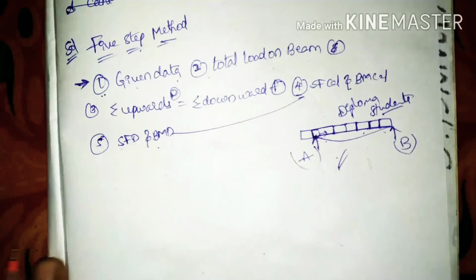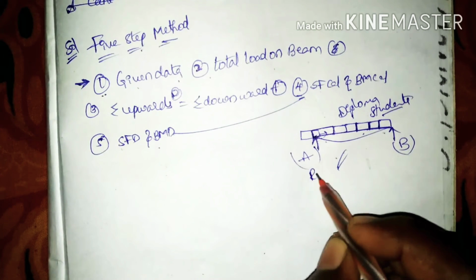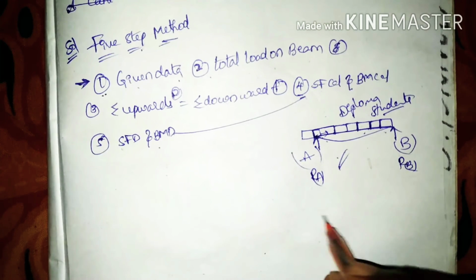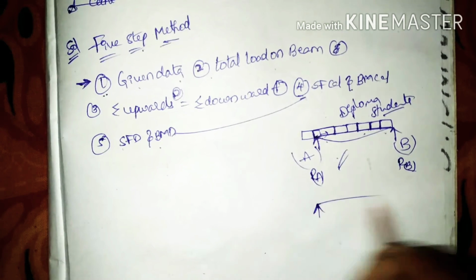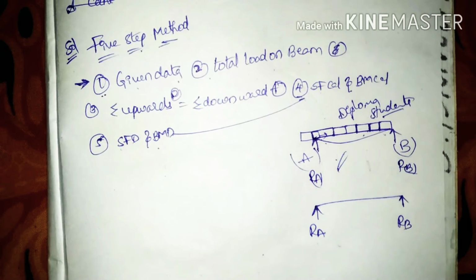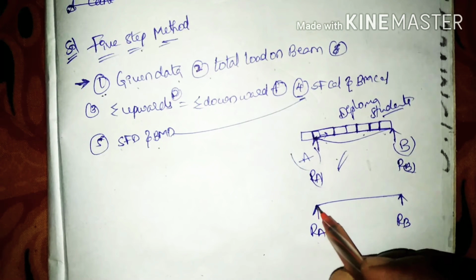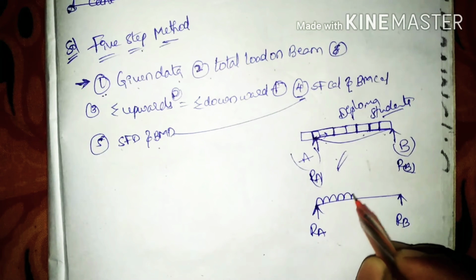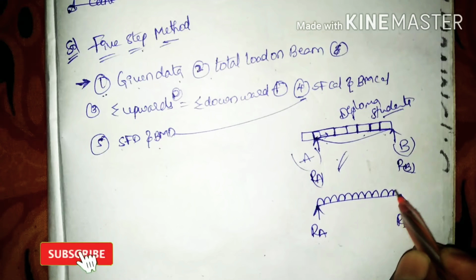For this we are having the reactions RA and RB. Similarly, let us draw another diagram for our convenience. Here we are having RA and RB reactions. Thereafter a UDL load, let us consider as a train.